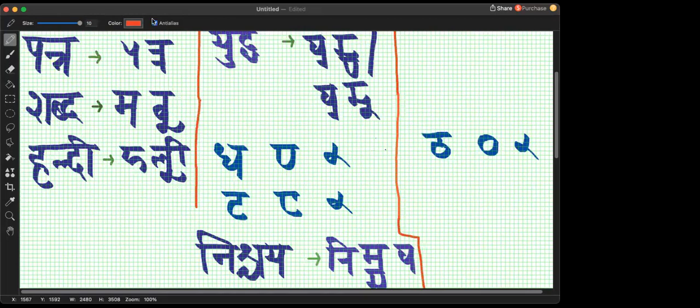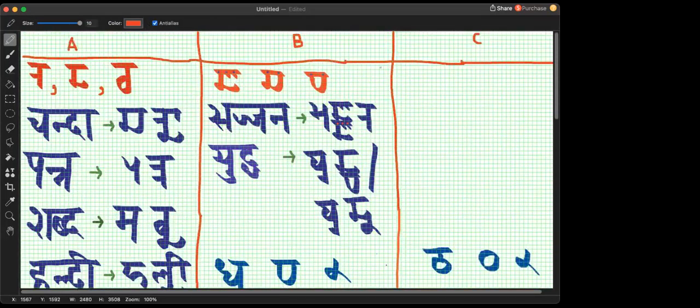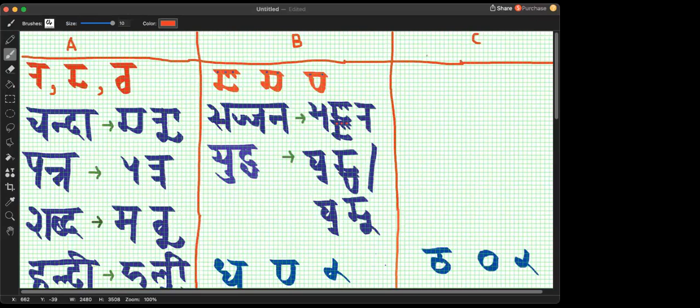We will next go with the third case, that is when the alphabet does not have a Shiroreka at all. Say like M, P, and Sh.